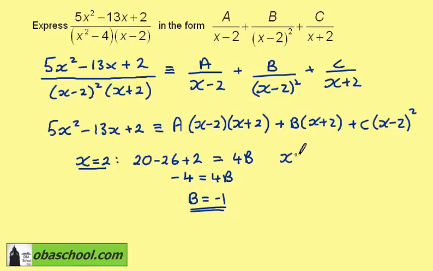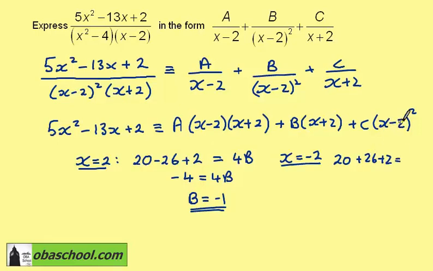We can also take x equal to minus 2. That will make this disappear, and this disappear. If x is minus 2, we get 5 times 4, which is 20. Take away 13 times minus 2, which is plus 26, plus 2.